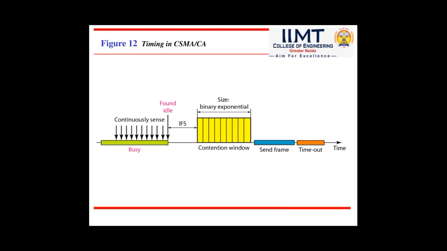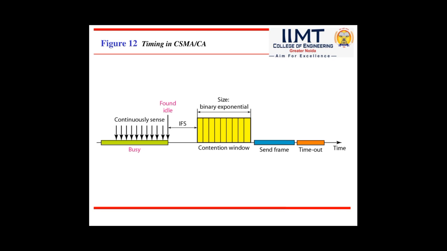After that IFS time, it reserves some slot from the contention window based on binary exponential factor. It means station 1 wants to send the frame. After the IFS waiting time, it detects which slot is free.